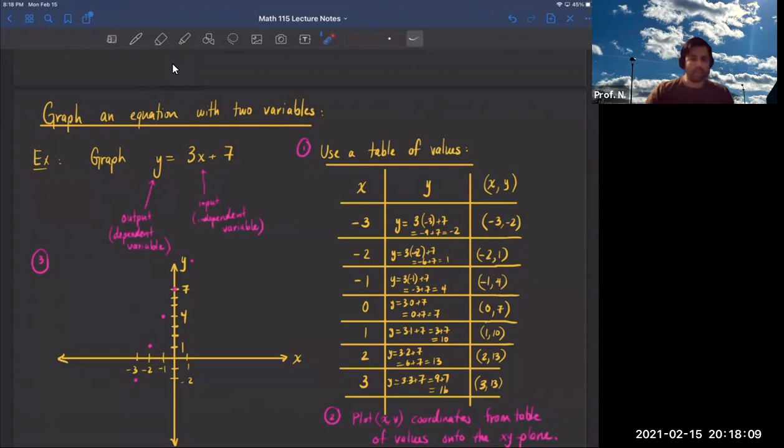And because we understand this trend, we can already draw a straight line that is going to go through each of these points. And this straight line is the graph.